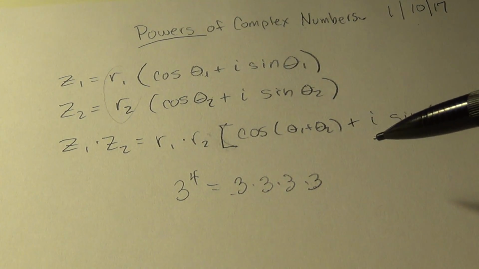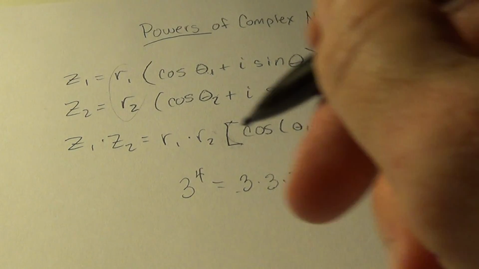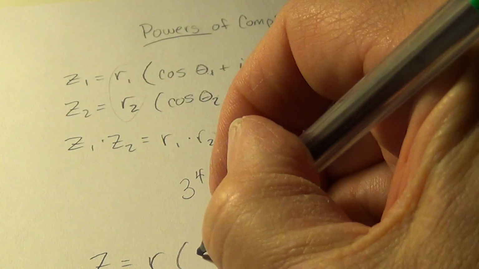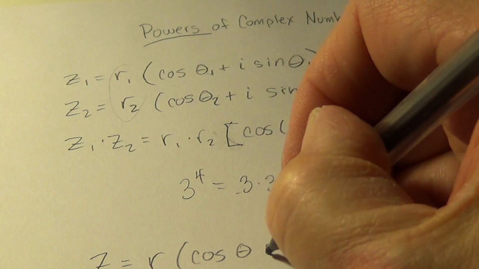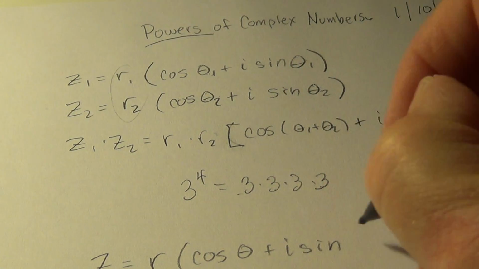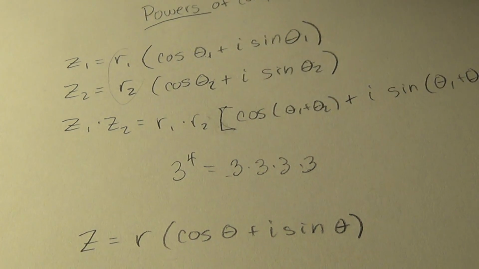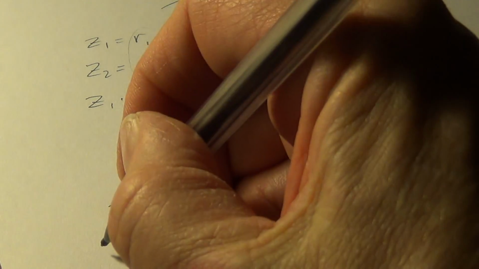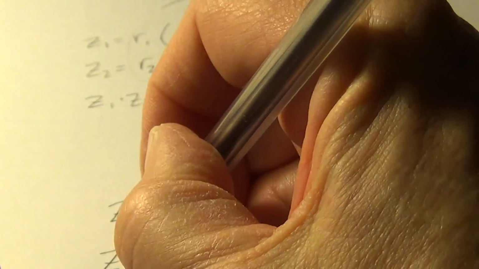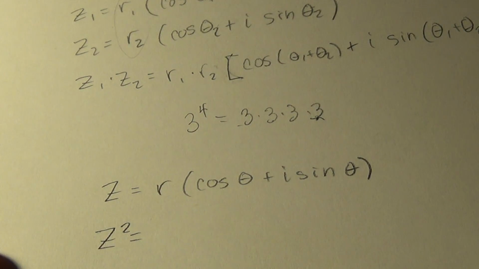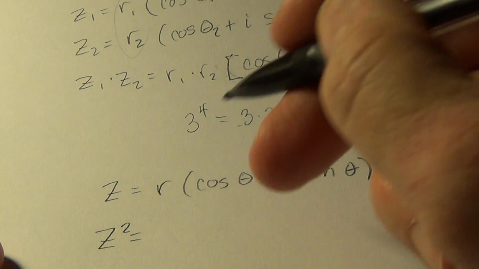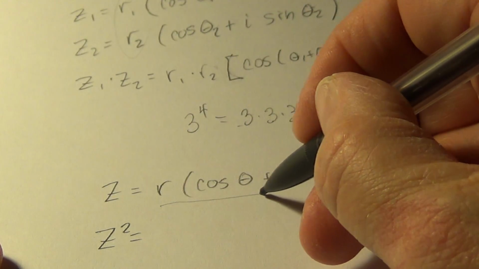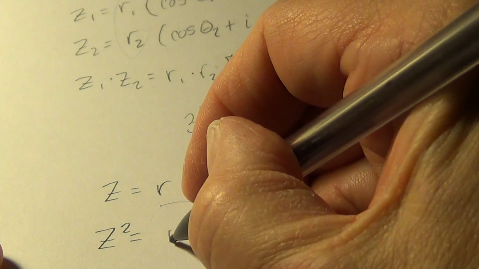So let's say z is r times cosine theta plus i sine theta. That's the complex number I'm going to raise to a power. Suppose I raise it to the power of 2. So when I raise z to the power of 2, I'm going to multiply this times itself.